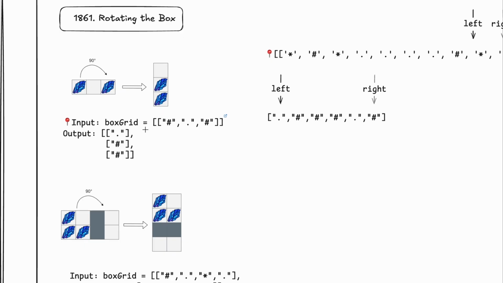We have a two-dimensional array which denotes the matrix, the rows and columns, like we're used to. We rotate the matrix clockwise, and all of the rocks have to fall down until they come across the bottom or an obstacle like here.